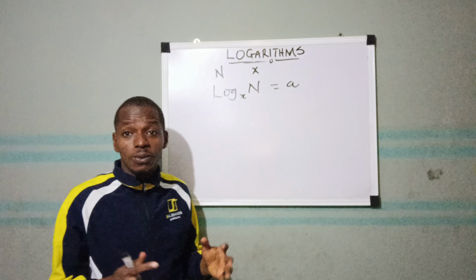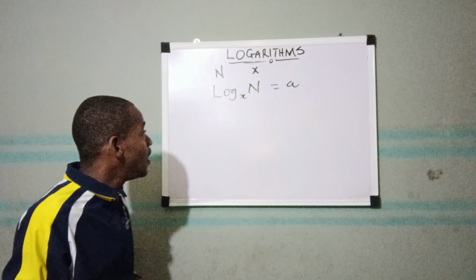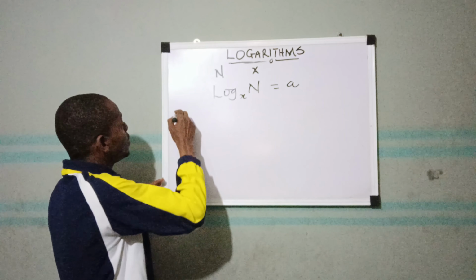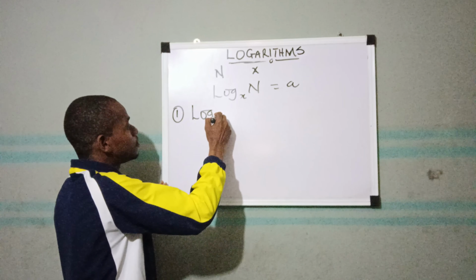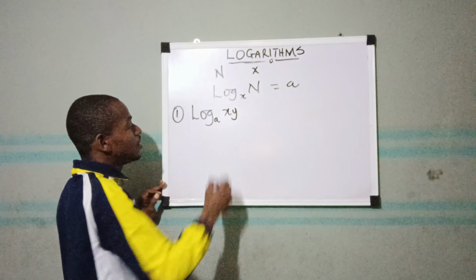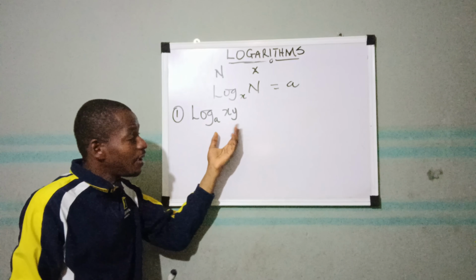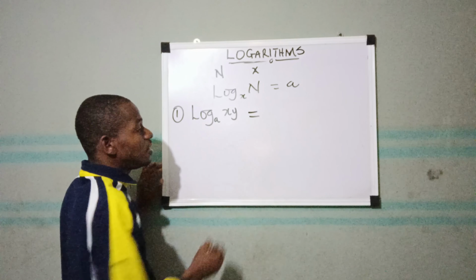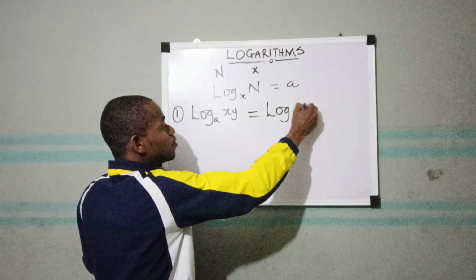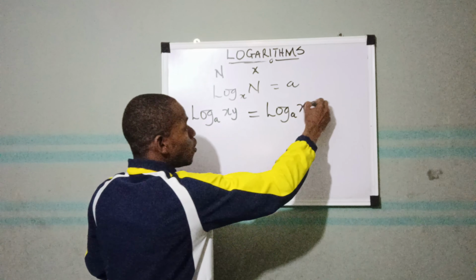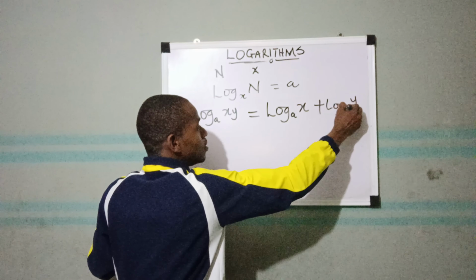Now we have what we call the laws of logarithm. Just like we have the laws of indices, we have the laws of logarithm, and let's examine them one after the other. The first law: log of xy to the base a, that's x times y, is the same thing as writing the log of x base a plus the log of y base a.